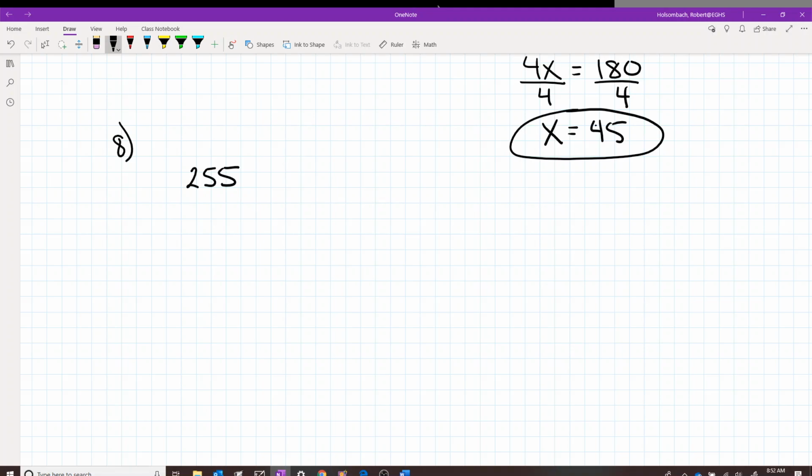Well, they're giving you the sum of two of them in a triangle. So if you take 360 and you subtract the sum of the two angles that are given, it'll tell you what the third exterior angle is equal to. So 360 minus 255, 105. The third exterior angle in that triangle is 105 degrees.